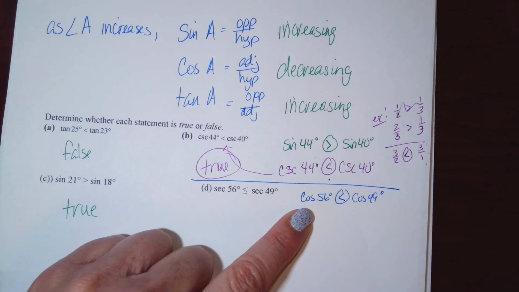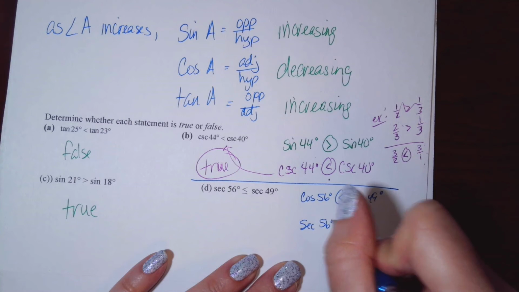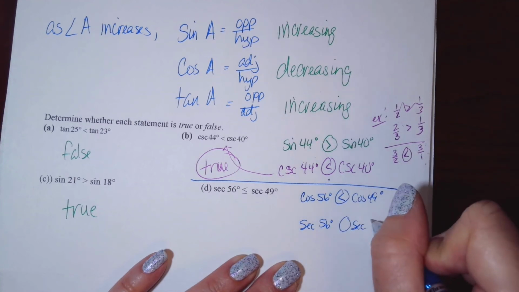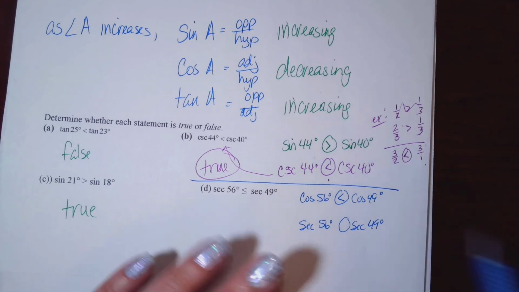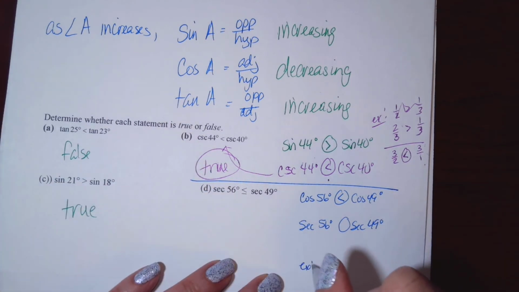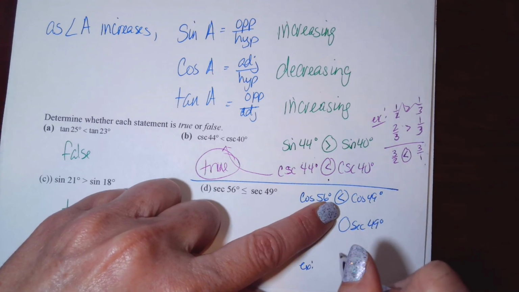But I'm not interested in cosine, I'm interested in secant. So I'm going to take the reciprocal of those and see what happens. I'm going to set up a situation just with random fractions for examples, and I need a fraction that is less than another fraction.